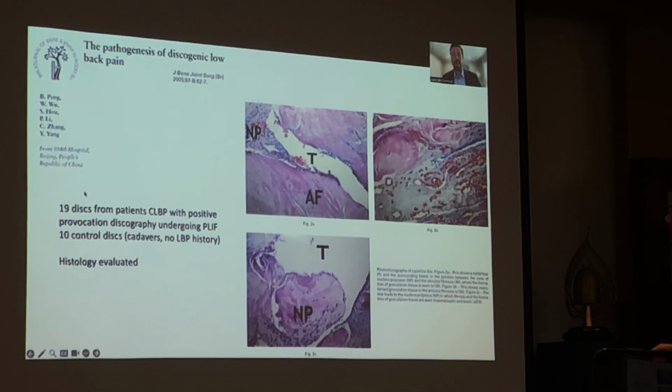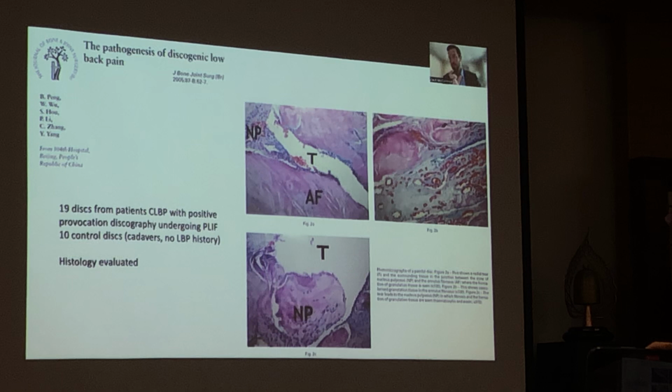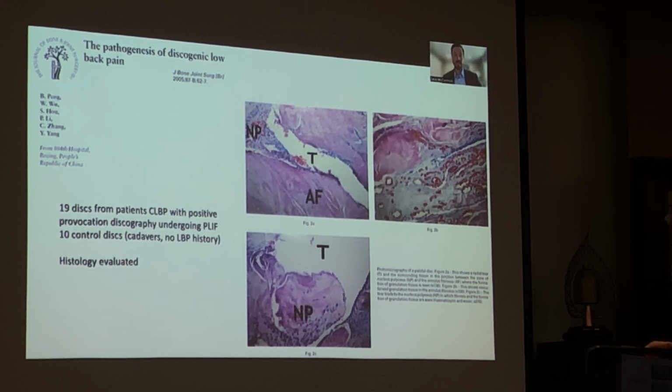And then they looked at matched controls, patients that had no history of low back pain, and they compared the histology of the disc annulus in the respective samples of the cadavers that had had a chronic history of back pain and positive provocation discography, and the matched controls.